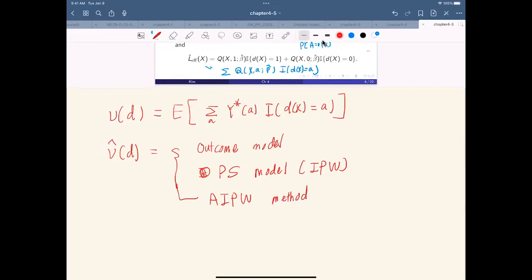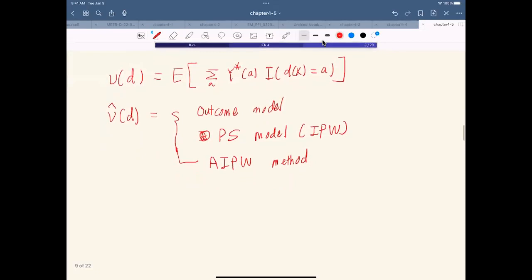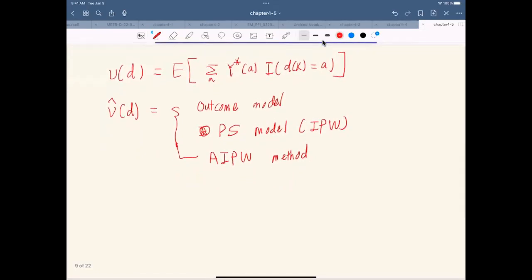So each one basically, for example, if you use the outcome model, all you have to do is write it as Q(X,1)... Q1.